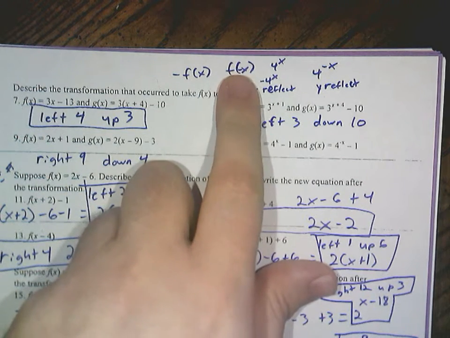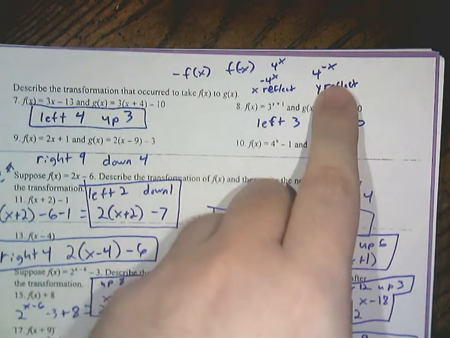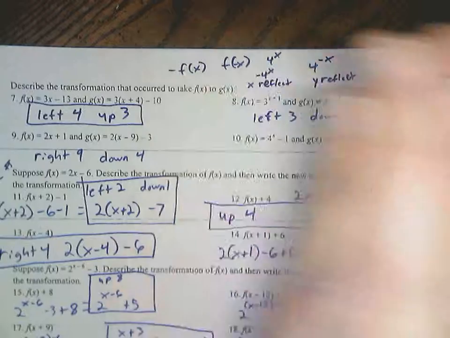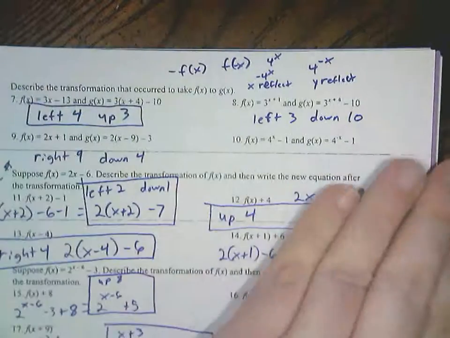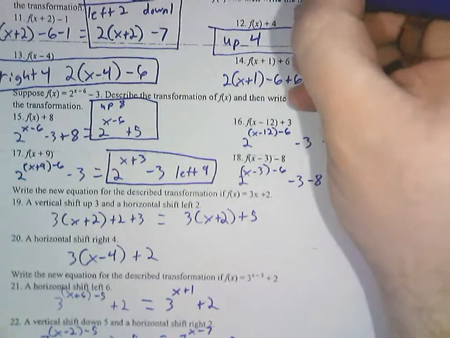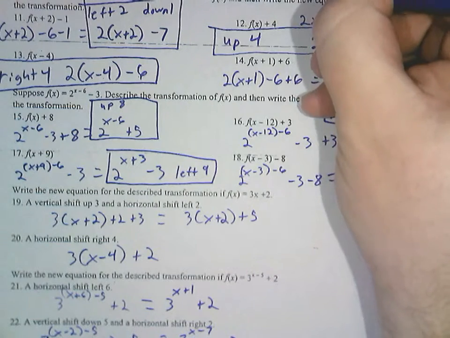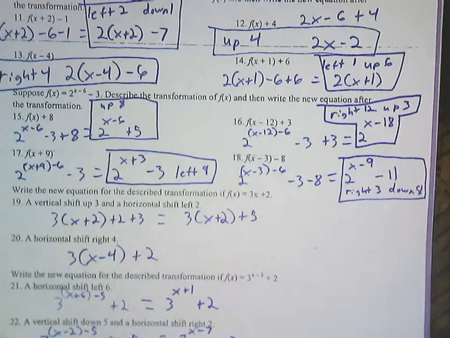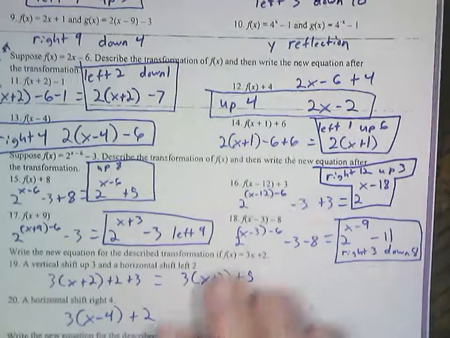So I just changed the x to a negative, and if I do that, it's going to be a y reflection, right? It's going to flip it left to right. Okay, it's going to reflect across that y-axis. So this is a y reflection, and that's it. Nothing more to it than that. Oops, can you zero out? There you go, y reflection.